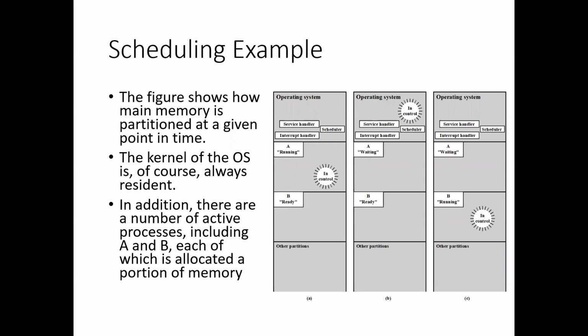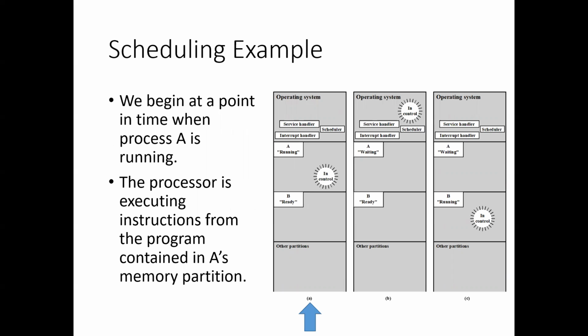So here's an example, and this shows how main memory is partitioned at a given point in time. The kernel or the operating system is always resident, of course, or your monitor. In addition, there are a number of active processes, and here we have A and B, and there are some other partitions down at the bottom. We begin at a point in time where process A is running.